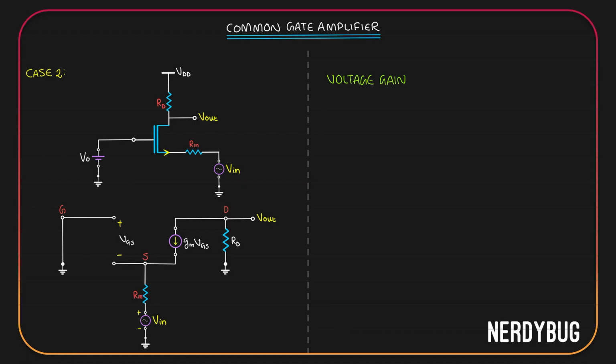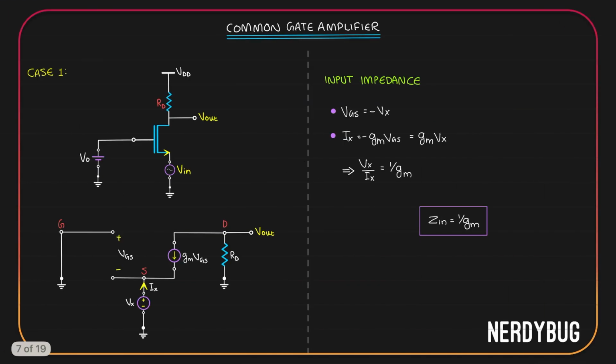I am going to call this point over here X, and the potential over here will be called Vx. If I look at the circuit from here through the source, what is the equivalent resistance of this much of the circuit? Well, we already found that.